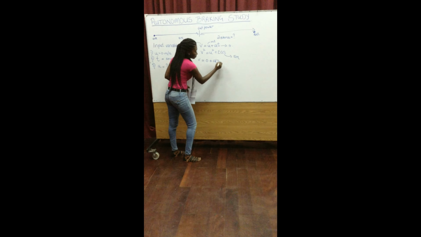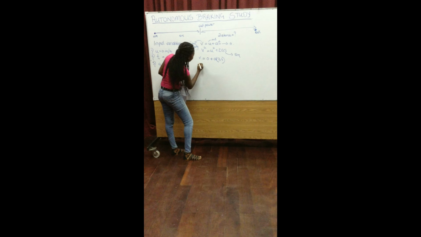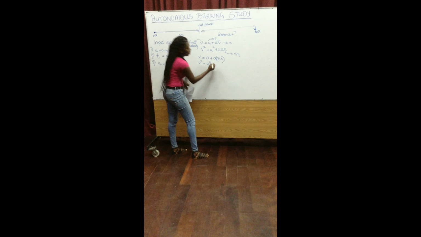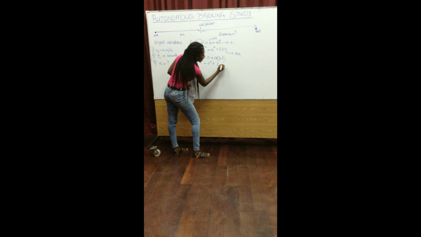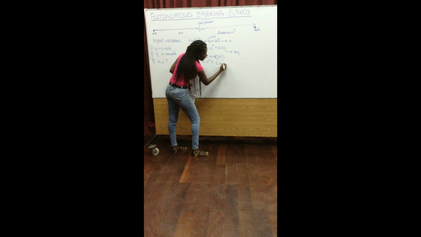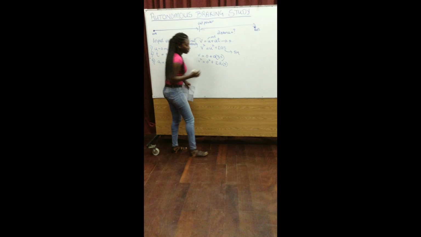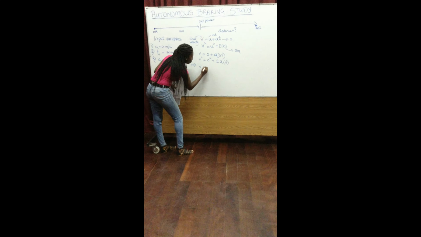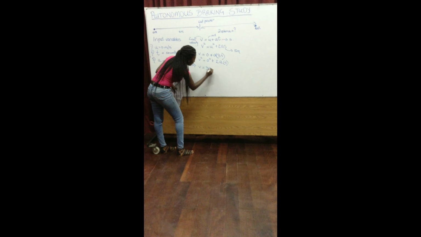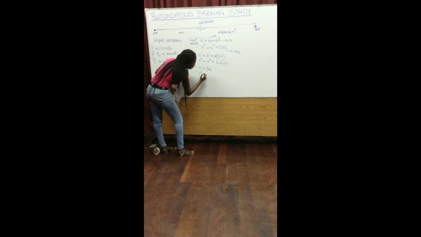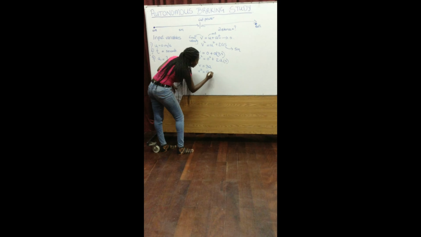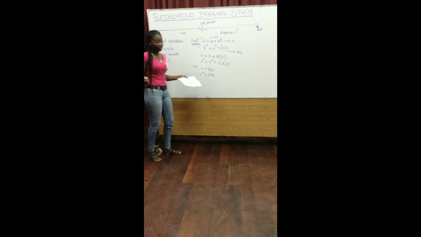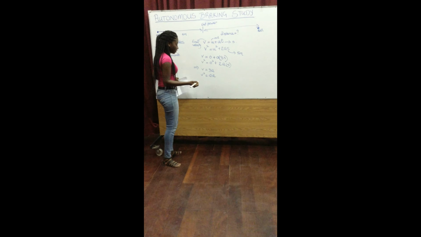And then v squared is equal to 0 squared, which is u, plus 2a, we don't know a, s is 5 meters. So therefore this boils down to v is equal to 3a and v squared is equal to 10a. From this, we can determine acceleration by solving it simultaneously.